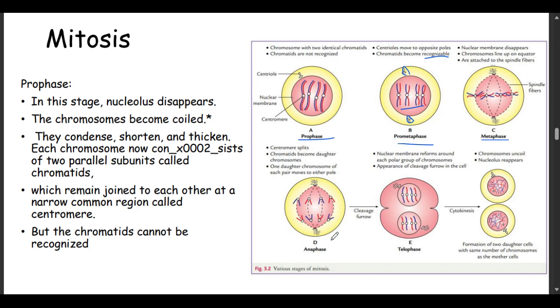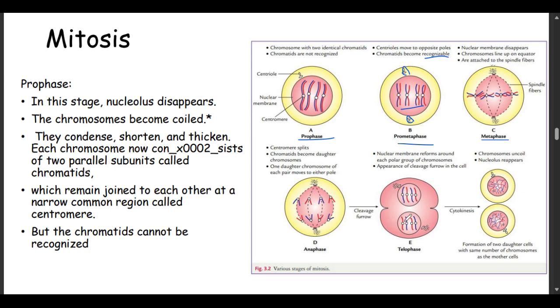And then after movement is completed in anaphase, in telophase, let me just repeat that. So after anaphase, after the spindle fibers have moved the chromosomes or the chromatids to the opposite poles, the cell is now going to have to divide in a process known as cytokinesis.